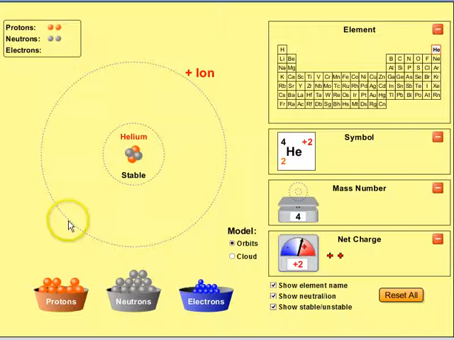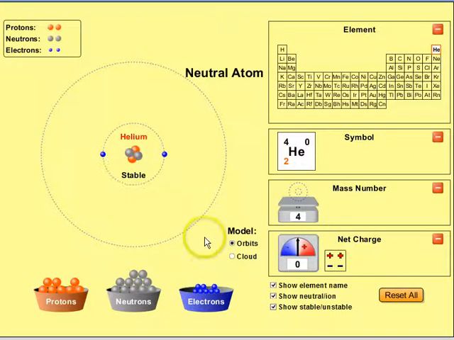Let's first add electrons as well, so that we have a neutral atom. This is a neutral helium atom. Remember, the mass number is equal to the sum of protons plus neutrons. I have added 2 neutrons and 2 protons, and the mass number is 4. So that seems to be correct.